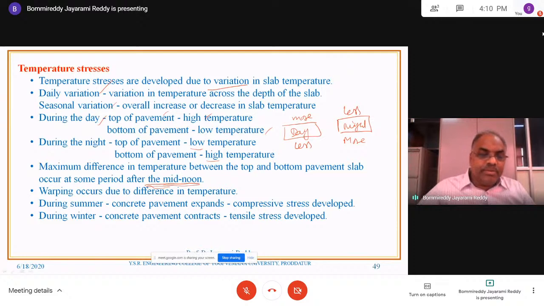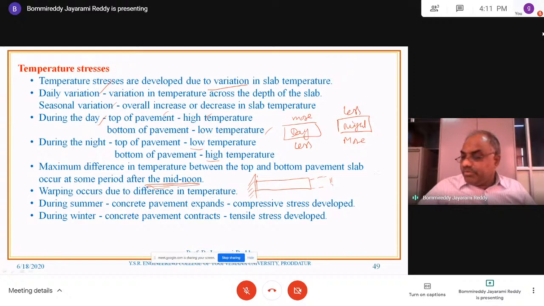And what is going to happen here when there is a temperature difference? Normally, when the temperature is uniform from top to the bottom, the slab is going to expand uniformly, if it is allowed free.